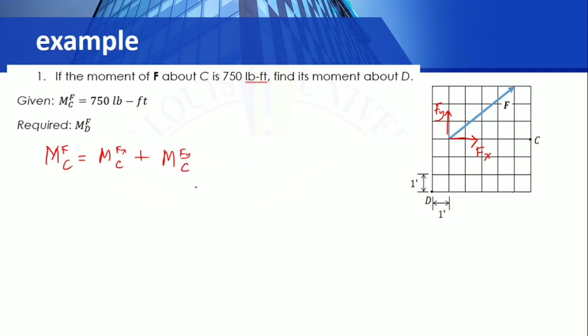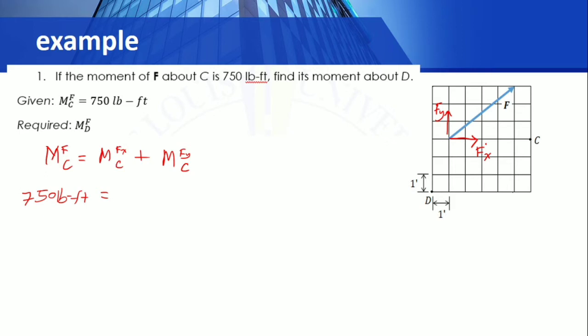So ito yung pinaka-principle ng ating principle of moments or Varignon's theorem. So given yung moment ng force natin about C, so that will be 750 pounds feet is equal to, so yung moment ng f of x about C.